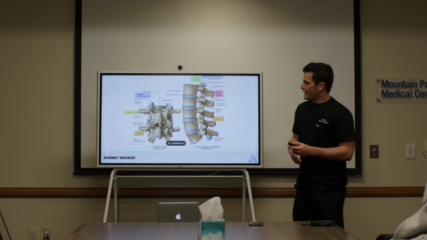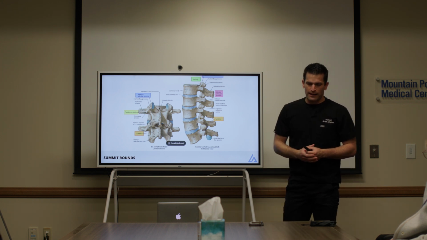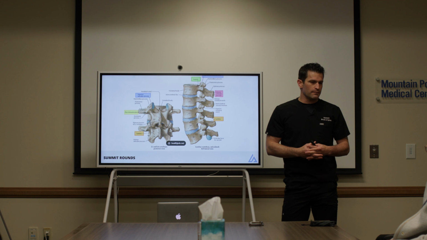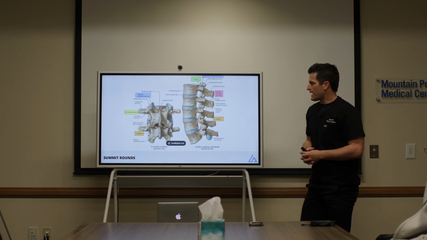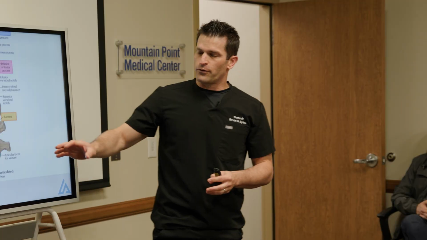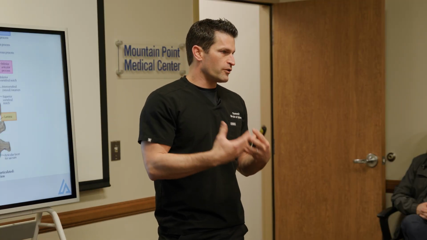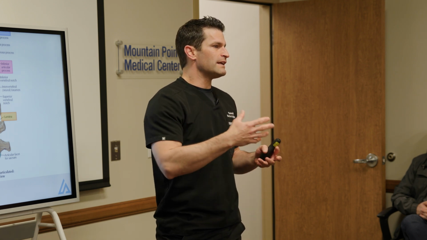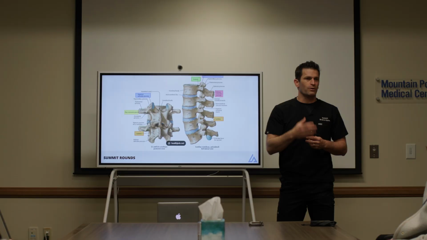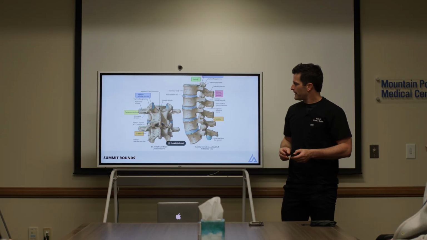So just to recap, the facet joints in the spine are synovial joints, much like other common joints in the body. They are formed by the union of two vertebrae, and they're on the back side of the spine, whereas the discs are on the front. So each motion segment has one disc and two facet joints.